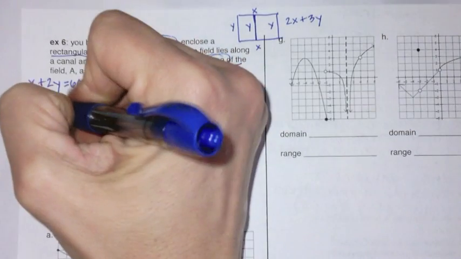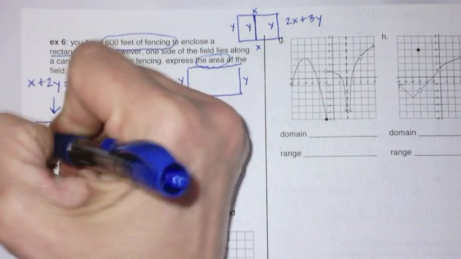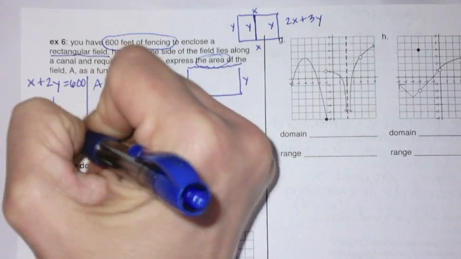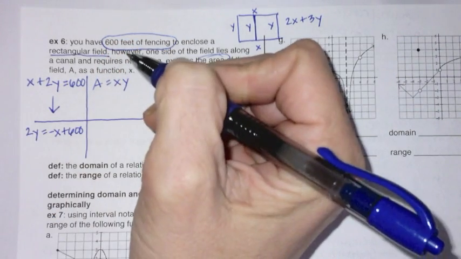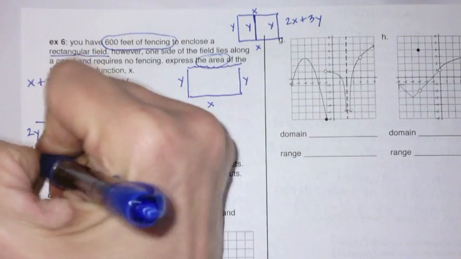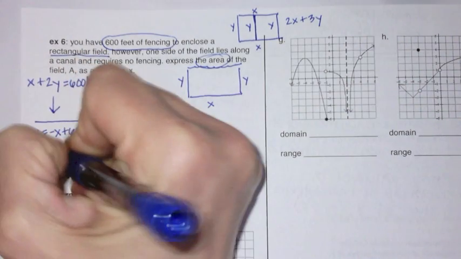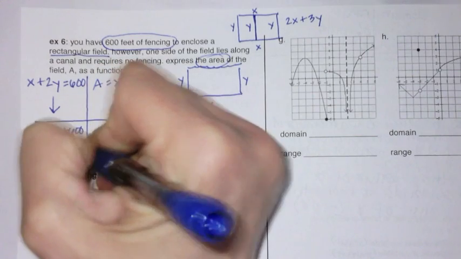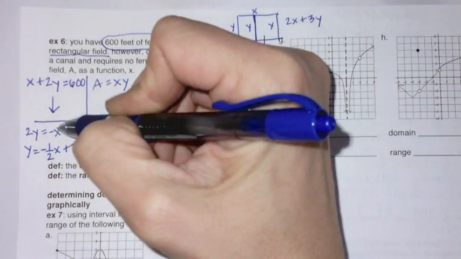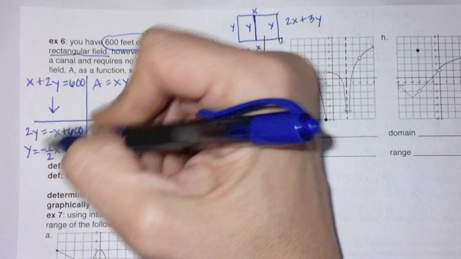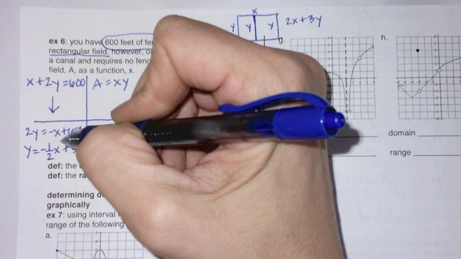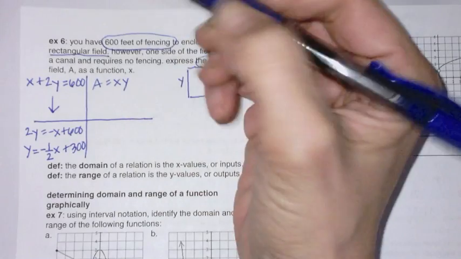So next, once I have that, I solve it for y. So then I get y equals negative 1/2 x plus 300. I know you can just write this as negative x over 2, but get in the habit of seeing dividing by 2 as the same thing as multiplying by 1/2.